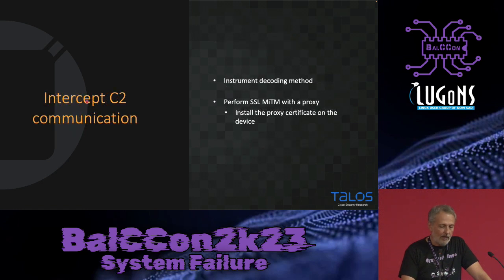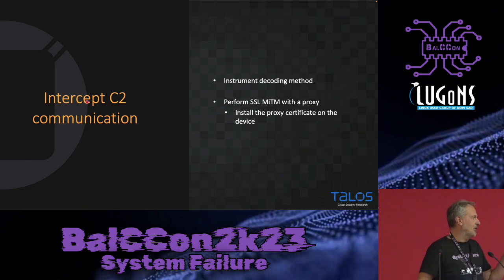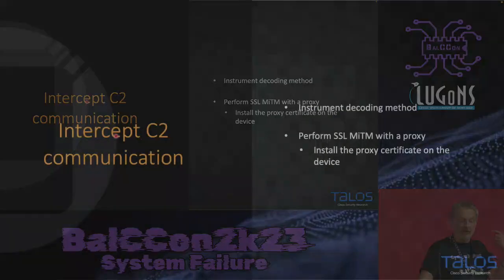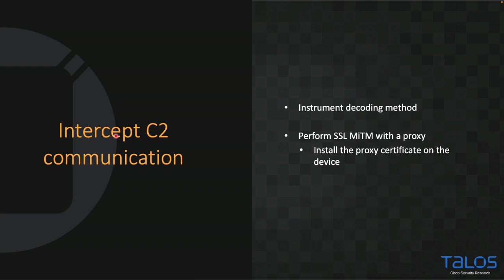So we can do it basically two ways in terms of intercepting. One is we can find which actual function is used for command and control functionality, and then we use Frida to instrument it, so we can log return values or entry values or change its functionality.